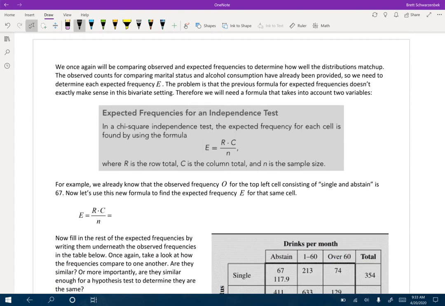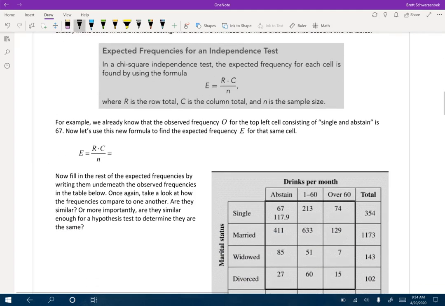We can't really use the goodness of fit formula, because even though we have n, we don't have any percentages at all. And the formula really only works for one variable worth of data, whereas here we have two variables.